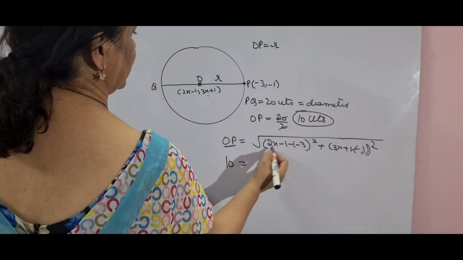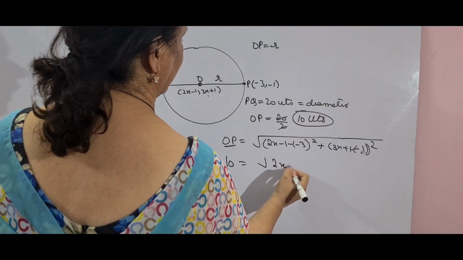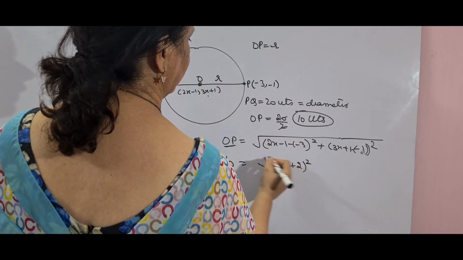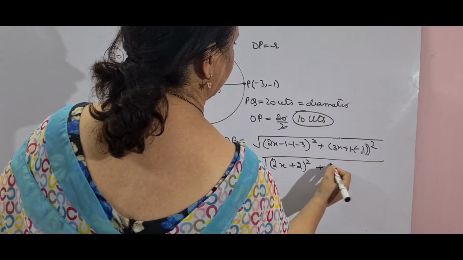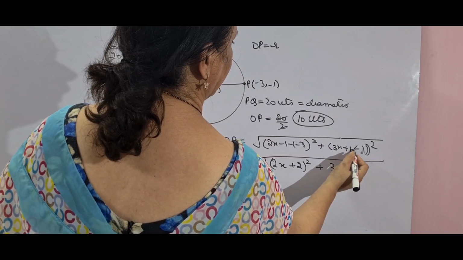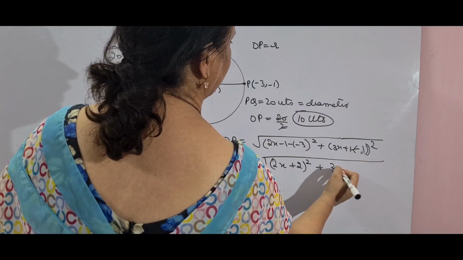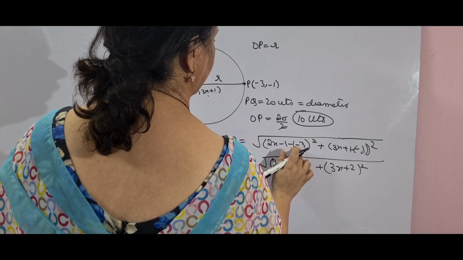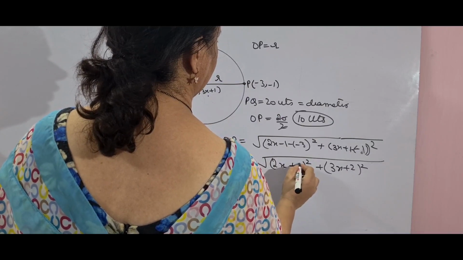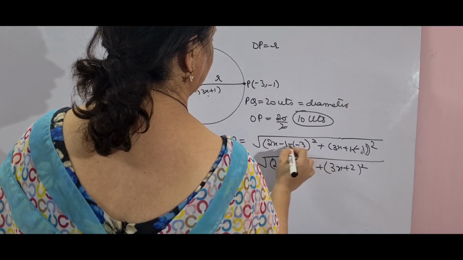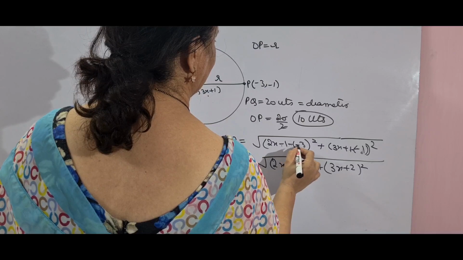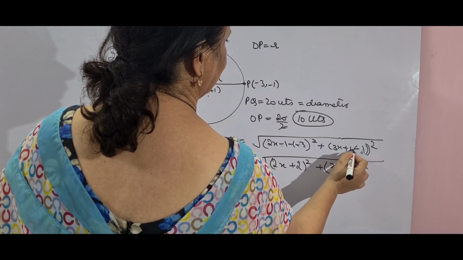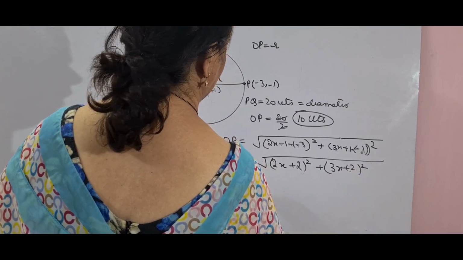So this is your required equation, (2x minus 1 minus 3) whole square plus (3x plus 1 minus 1) whole square equals 10, and the rest you can do by squaring both sides.